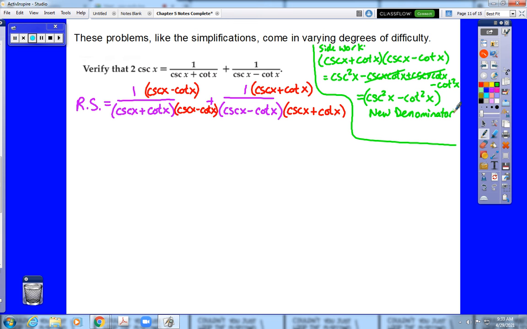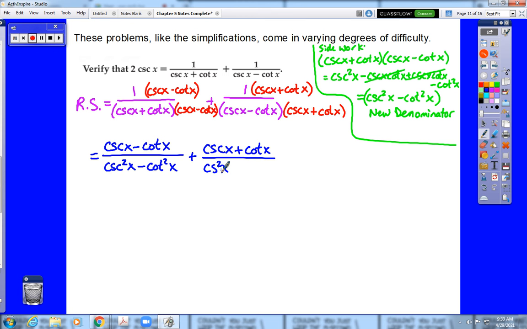So when I multiply these expressions together, here's what I get. My new expression will be cosecant x minus cotangent x over cosecant squared x minus cotangent squared x, plus cosecant x plus cotangent x over cosecant squared x minus cotangent squared x.